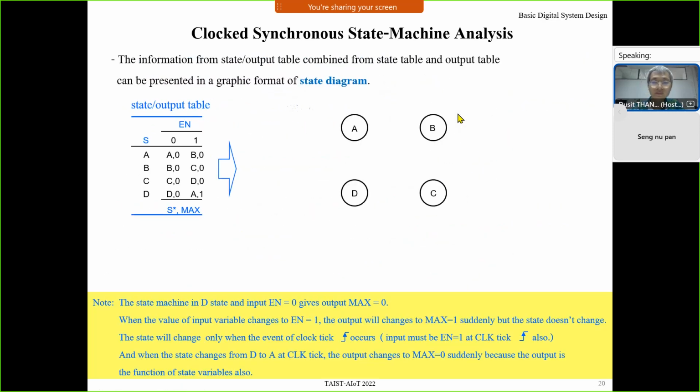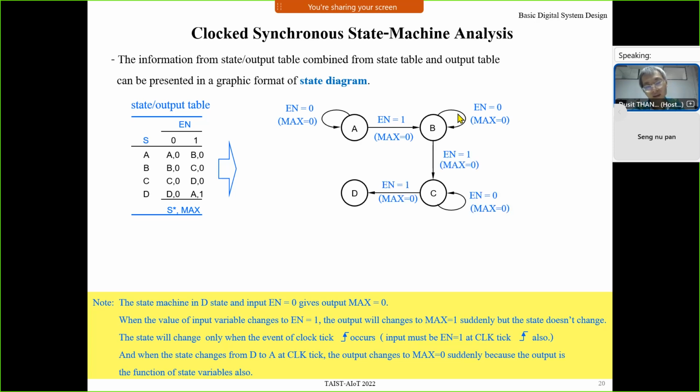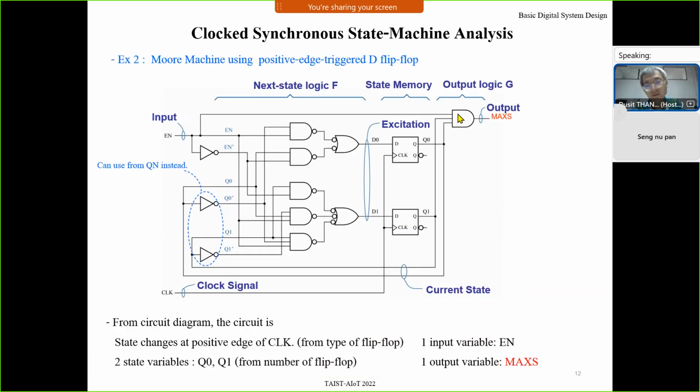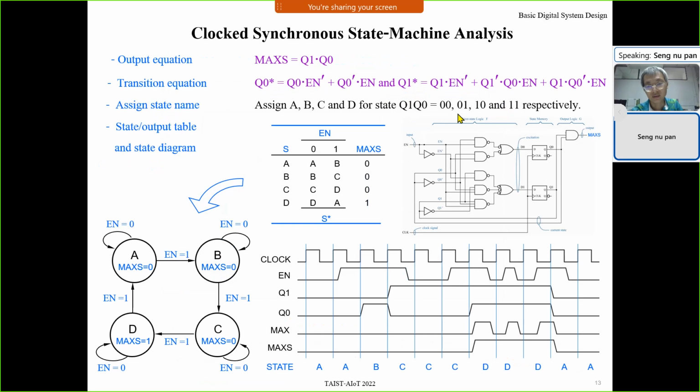Okay, for this example, to compare, so different. In the Mealy machine, we put the output max outside of the circle because it depends on both input and state. For Moore, we put only output inside of the circle.